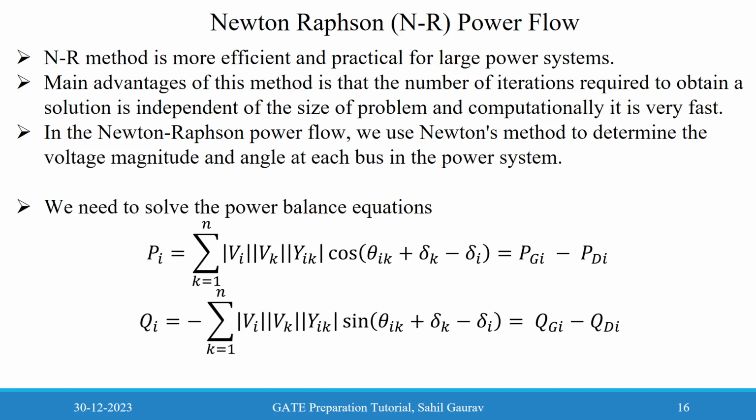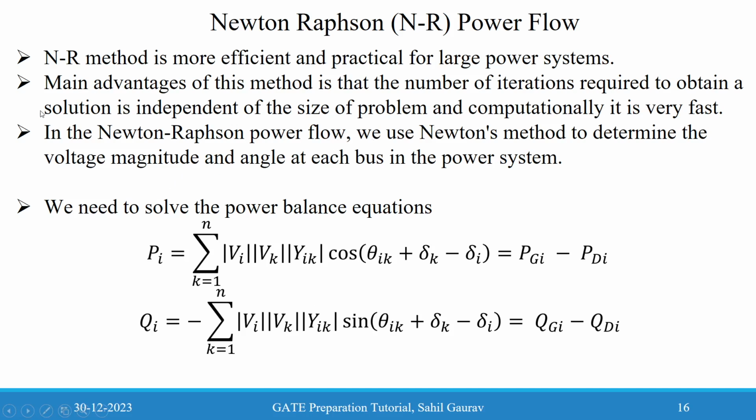Now why are we going towards this Newton-Raphson method, when else we have the Gauss-Seidel load flow method? Because this is more efficient and practical for large power systems. The main advantage of this method is that the number of iterations required to obtain a solution is independent of the size of the problem, and computationally it is very fast.